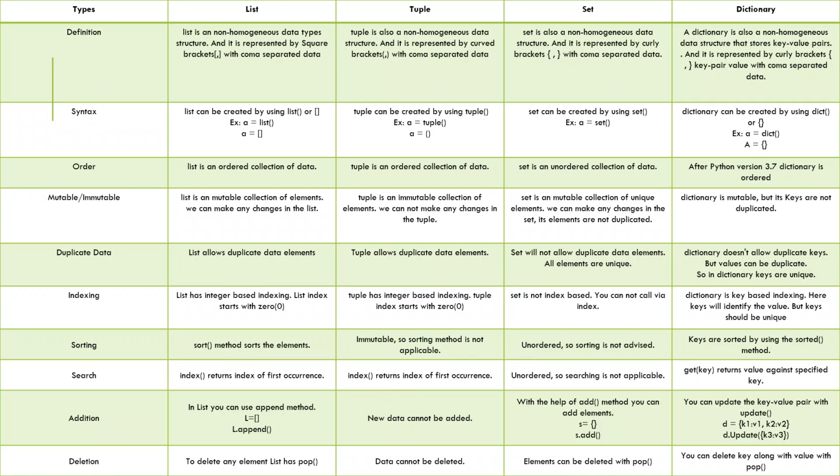You cannot change the position, but you can return the index of that value, the position of that value. Set is unordered, so searching is not possible here. And for dictionary, with the help of get key you can get the value.